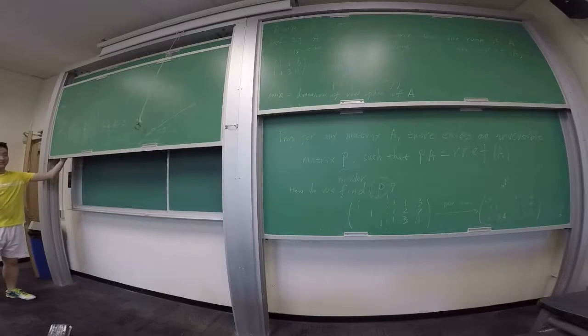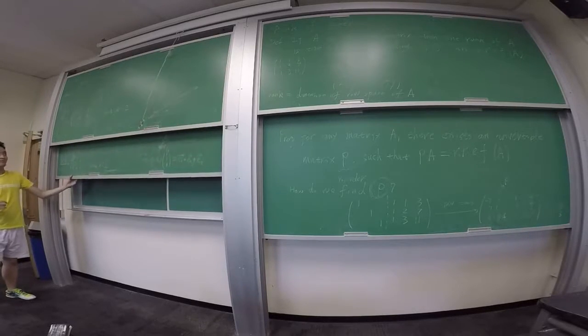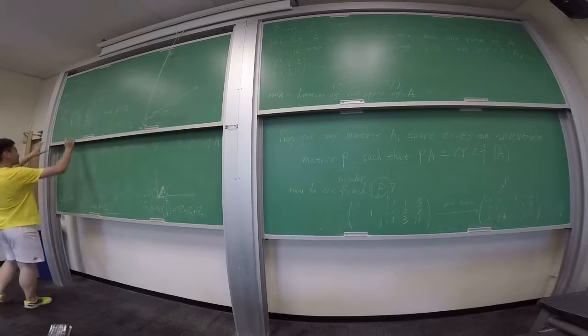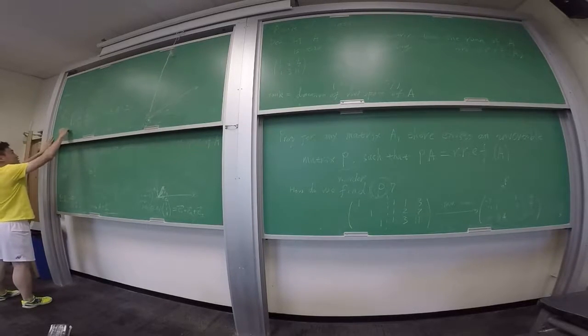The method that we found to do this rigorously is to reduce to reduced row echelon form. I already did that, but let me do that again. 1, 0, 1; 1, 2, 3; 1, 4, 7. What we do is let the second row minus the first row and the third row minus the first row.